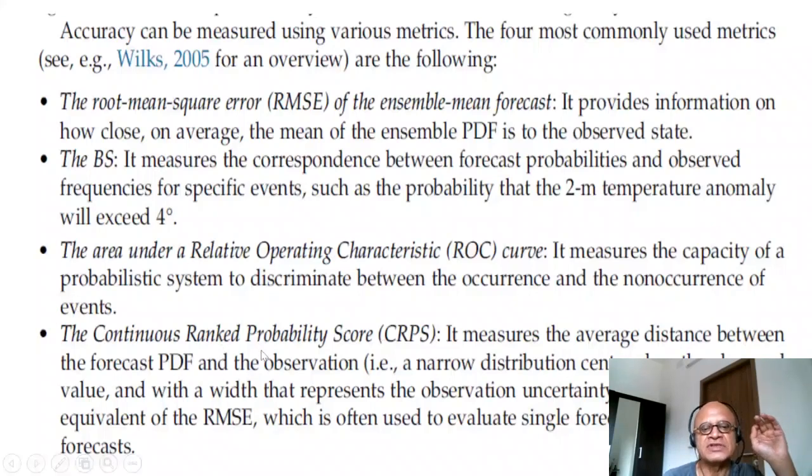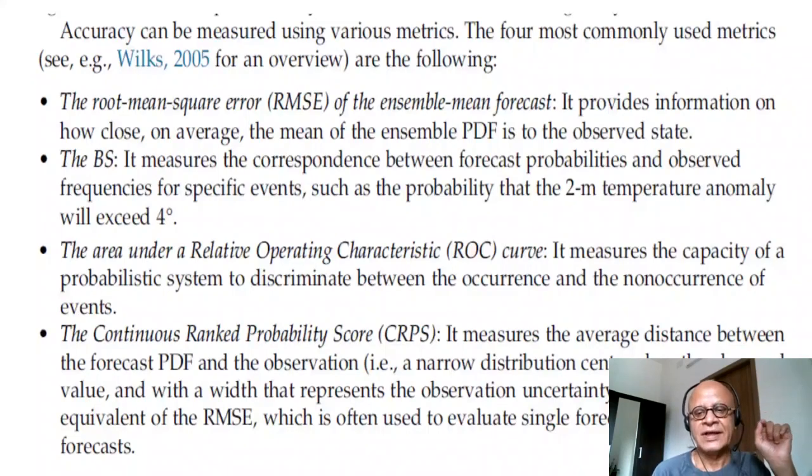And the continuous ranked probability score that we saw, CRPS, measures the average distance between the forecast PDF and the observation, i.e. a narrow distribution centered on the observed value, not the observed PDF, and with a width that represents the observation uncertainty. So you have an observed value and observation uncertainty.